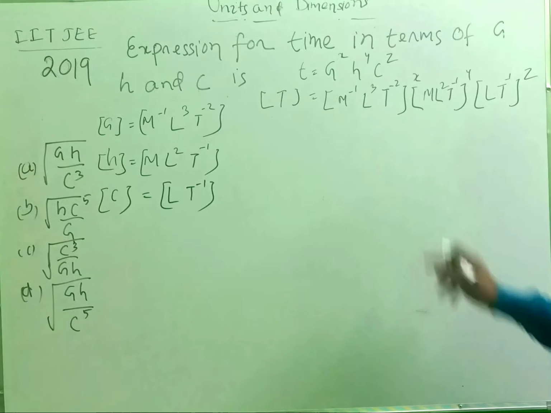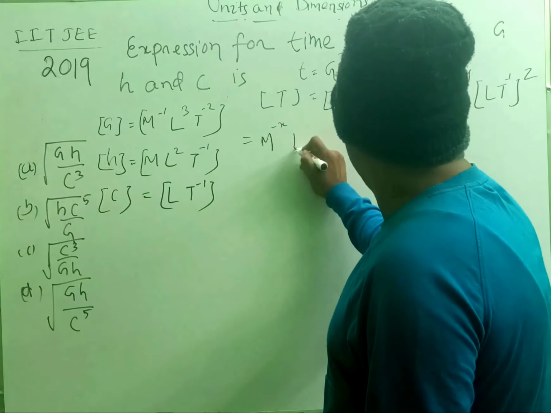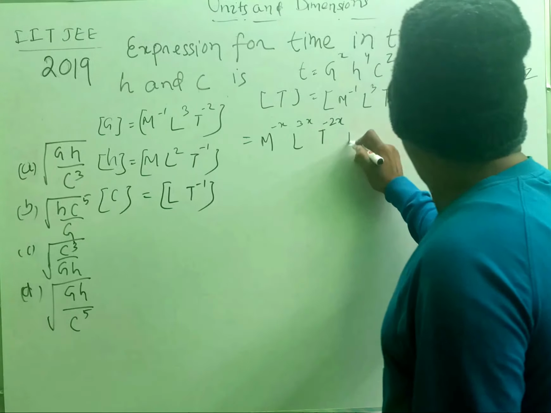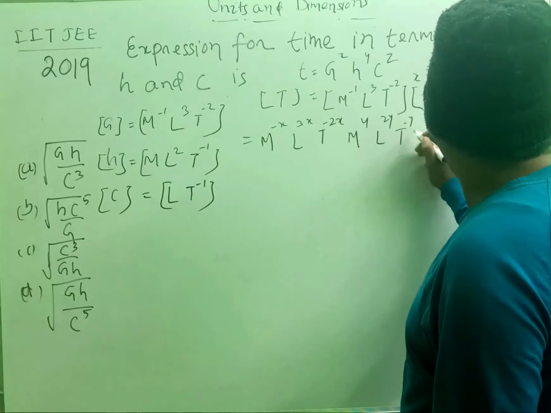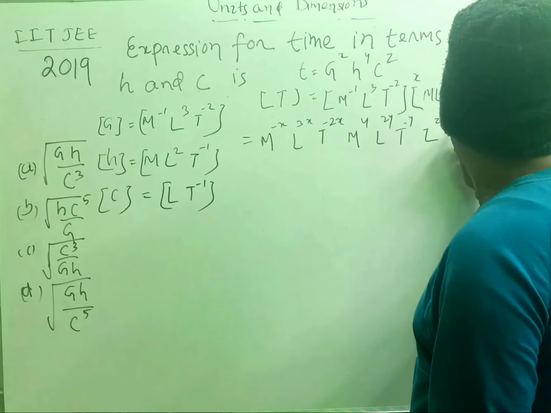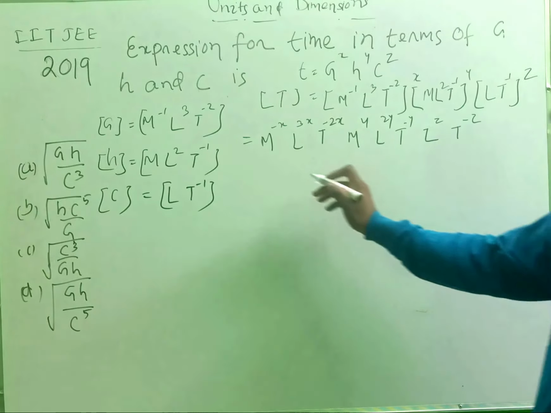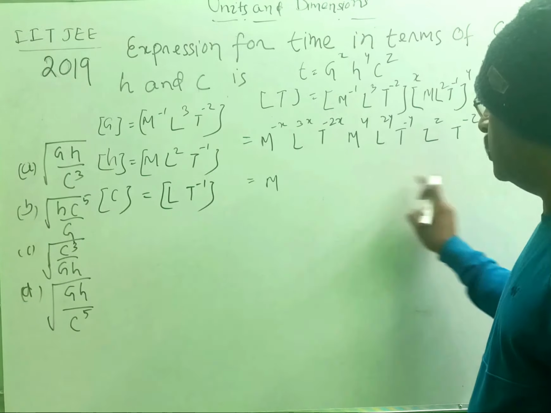Then, students, let us expand them. This becomes M to the power minus x, L to the power 3x, T to the power minus 2x, M to the power y, L to the power 2y, T to the power minus y, L to the power z, T to the power minus z. We just expanded the exponents, and let us write the powers of M together, L together, and T together.